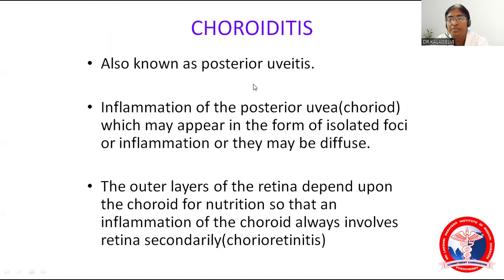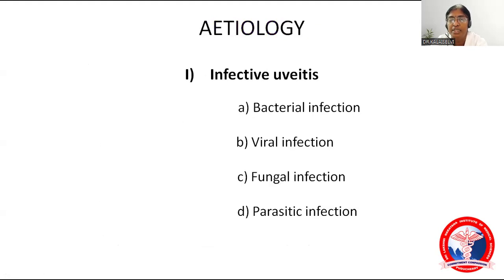Choroiditis, which is also posterior uveitis, can appear as isolated foci of inflammation or as a diffuse inflammation. This is because the nutrition of the outer layers of the retina depends on the choroid, so inflammation of the choroid always involves the retina as well.